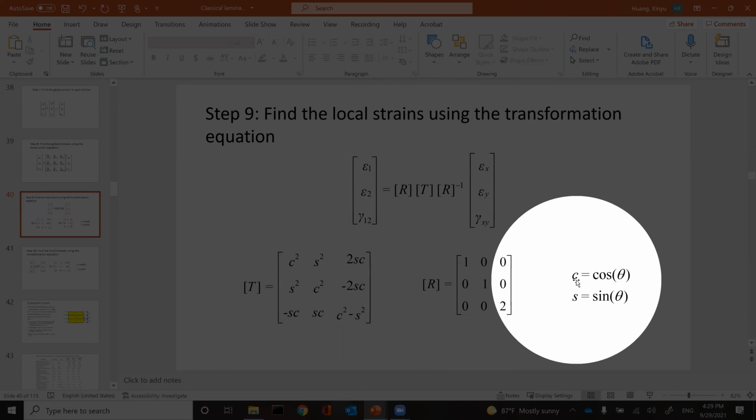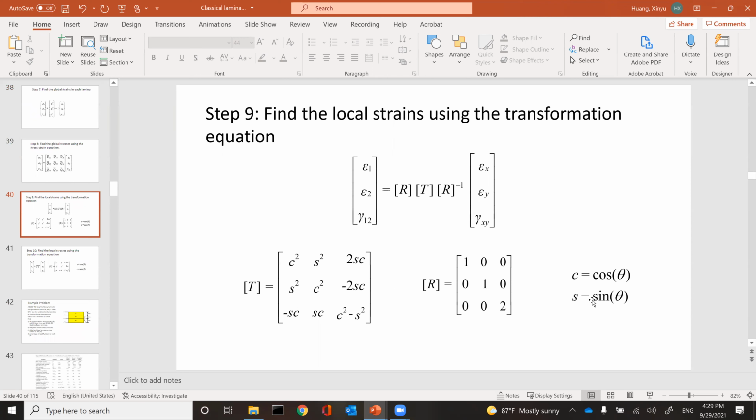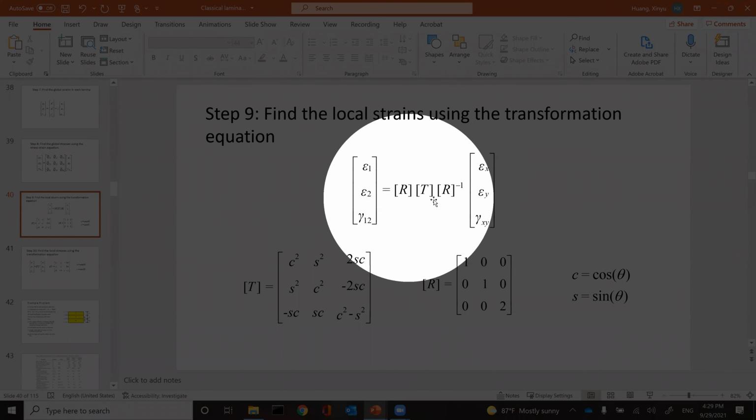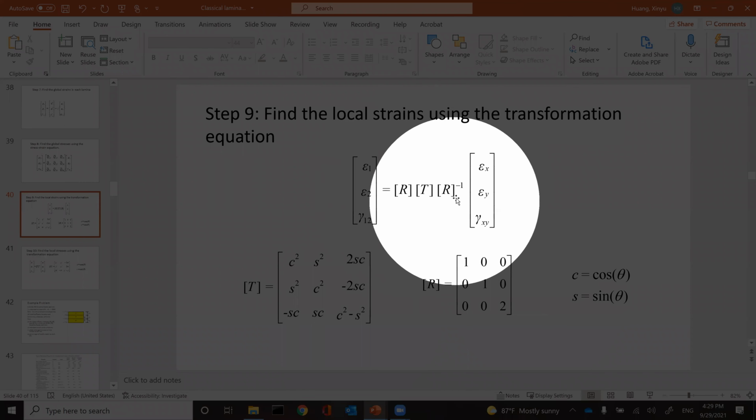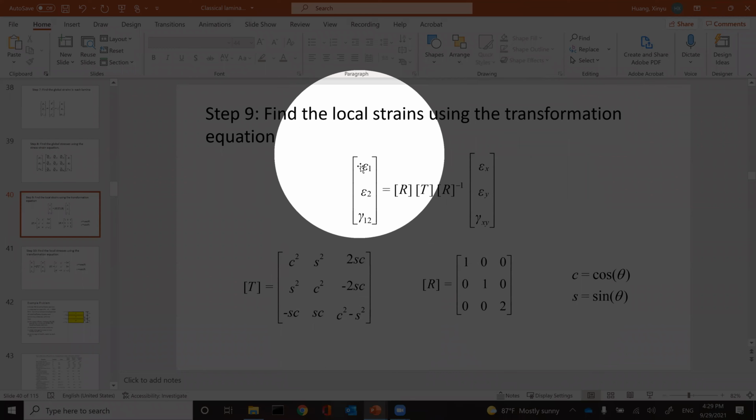Again, C is cosine theta and S is sine theta. Theta is the angle we talked about in the coordinate layout. It's a counterclockwise rotation from X to the fiber direction. Okay. All right, so you can multiply these 3 together like this, and you get a matrix. You multiply this matrix with this global strain, you get the local strain for that layer.